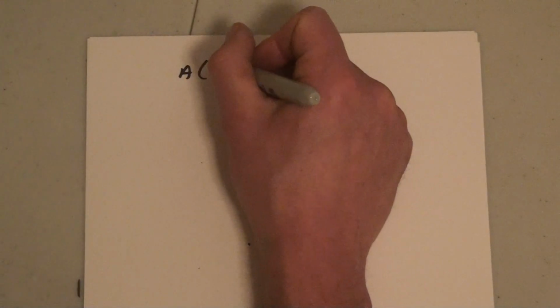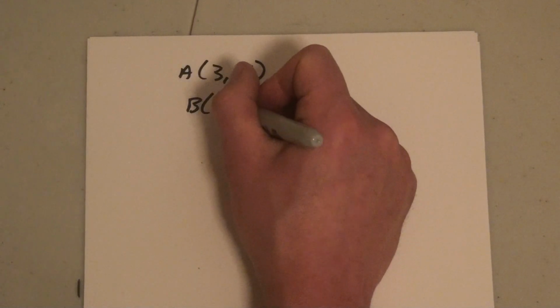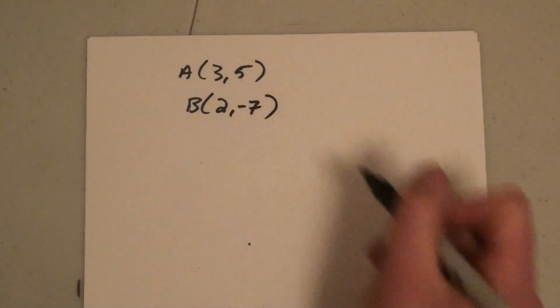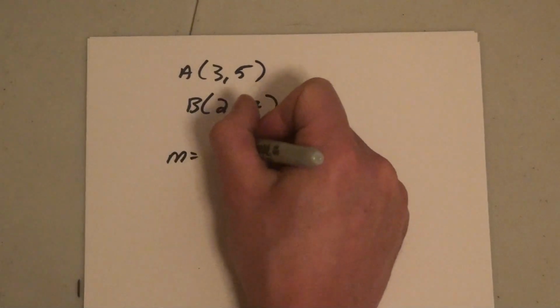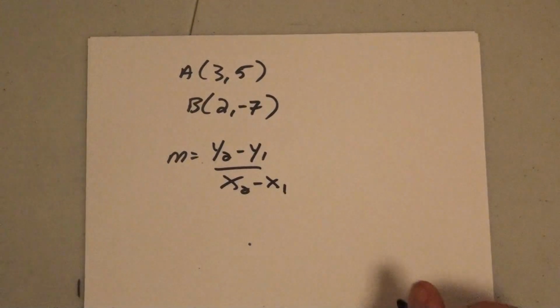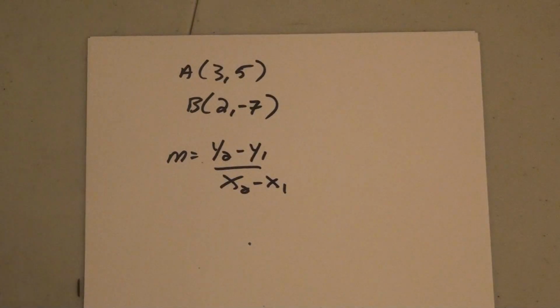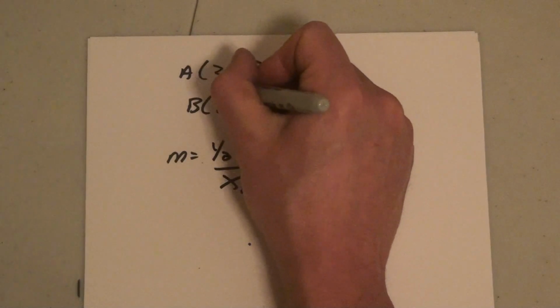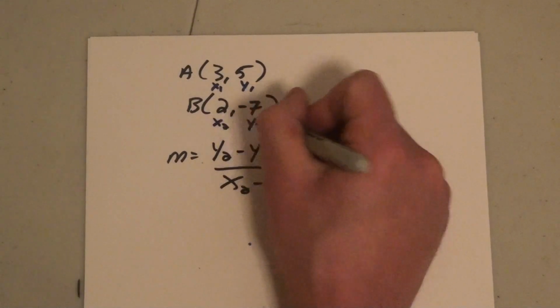Using one of the other formulas, if I have a couple points, point A, which is 3, 5, and the point B, which is, let's say, 2, -7. And I want to figure out the slope for that. I can use the formula y2 minus y1 divided by x2 minus x1. I'm going to allocate my first point as being your x1, y1, and your second point as being your x2, y2.